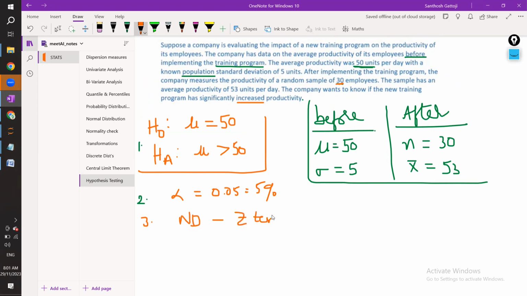But if the sample is less than 30, then what happens, guys? If you're not able to collect enough samples, if the sample is less than 30, what type of distribution will it become? T-test. Yes, it will become t-test.